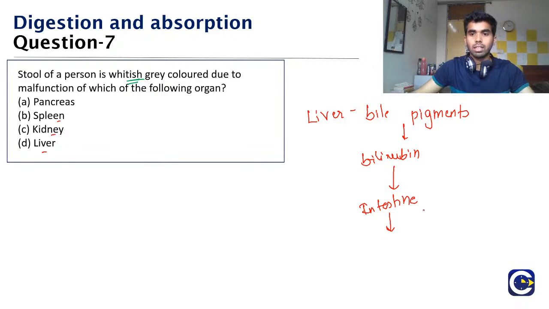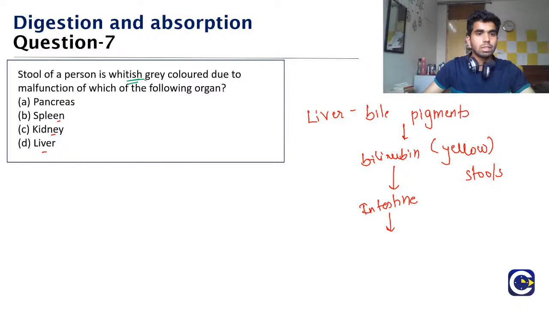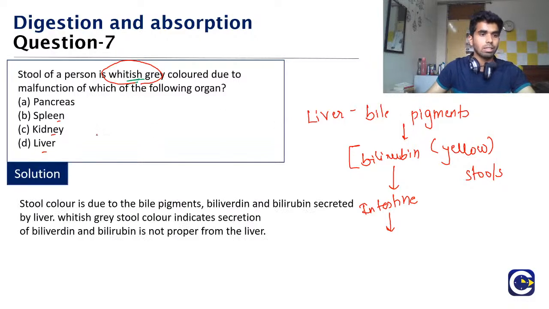The color of this bilirubin is yellow, and this bilirubin gives yellow color to the stools. So if the stool is whitish gray in color, it means that bilirubin is absent, isn't it? Bilirubin is absent. And the bilirubin is produced by which organ? It is the liver, and that is why the answer will be liver.